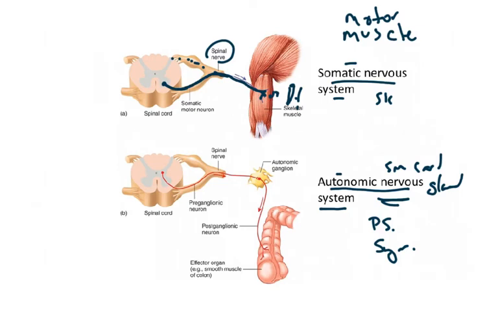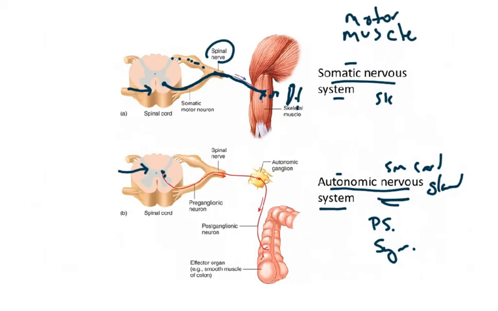For the autonomic nervous system, we start the same way. Look, here's a cell body in the spinal cord. Now you can see right away that the location of the cell body in the spinal cord is a little bit different. For the somatic division, you see it's more in the anterior horns. And then for the autonomic division, we're going to find it more in the lateral horns.